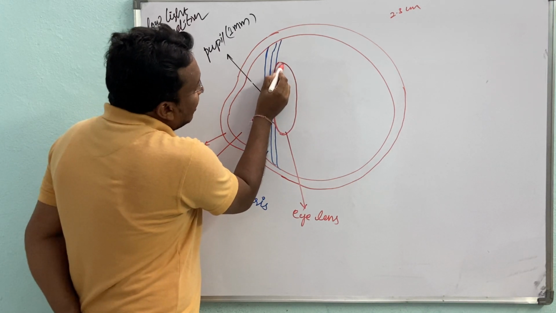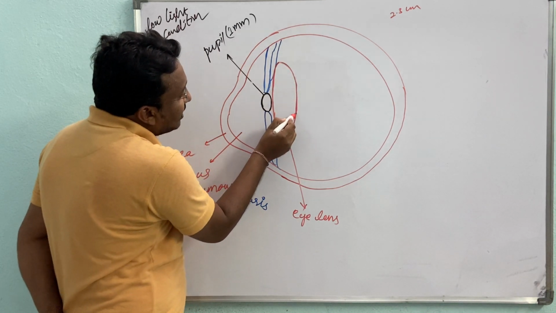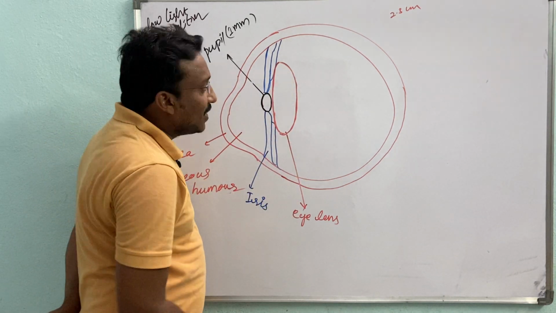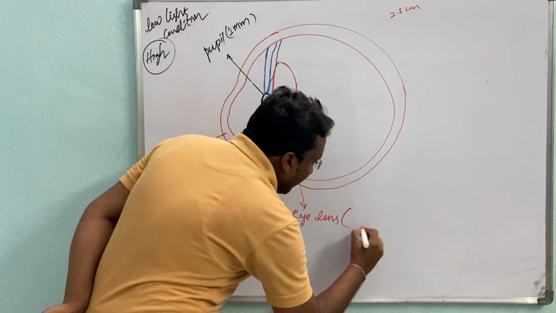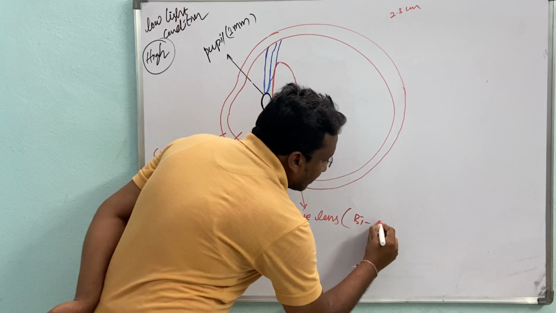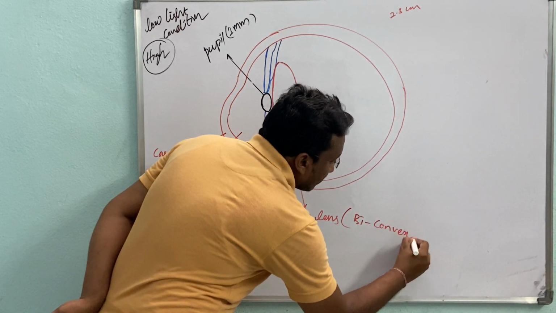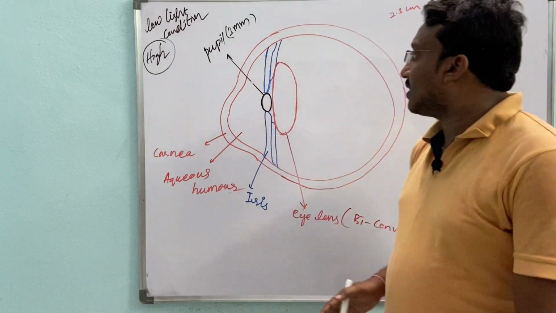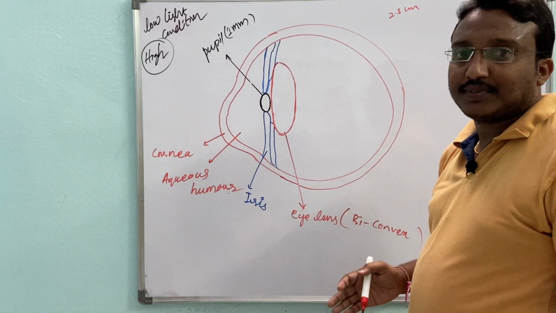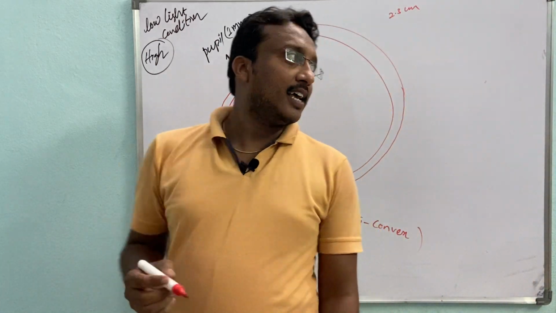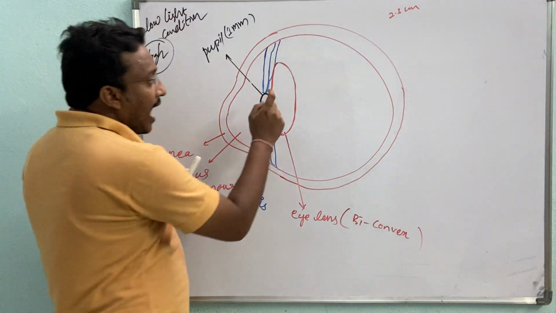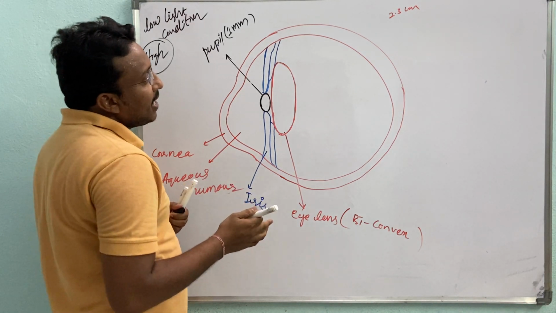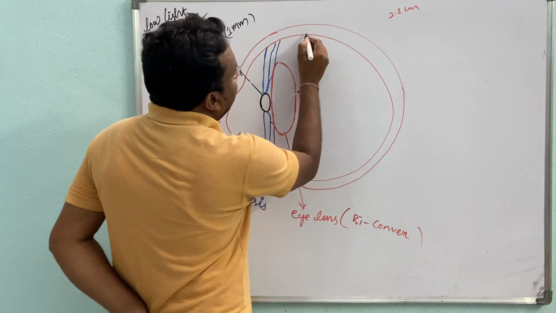See, both sides are convex surfaces, right? So our eye lens is biconvex. Our eye contains a biconvex lens, a convex lens. Got it? And the eye lens forms the image behind the lens.